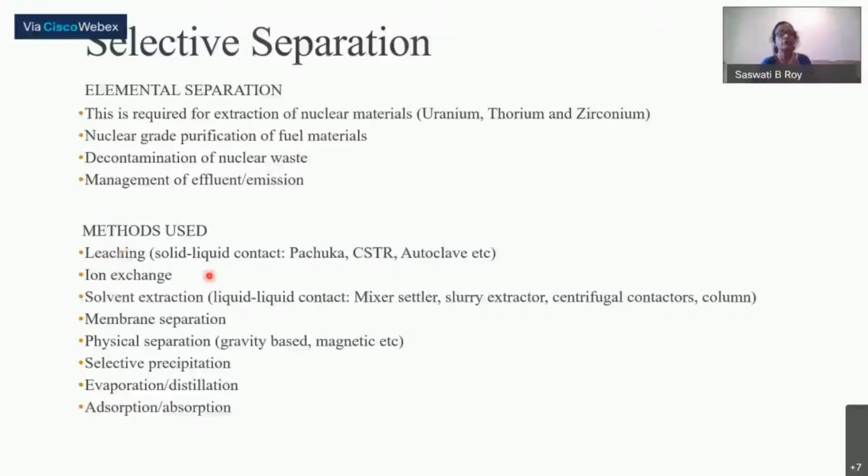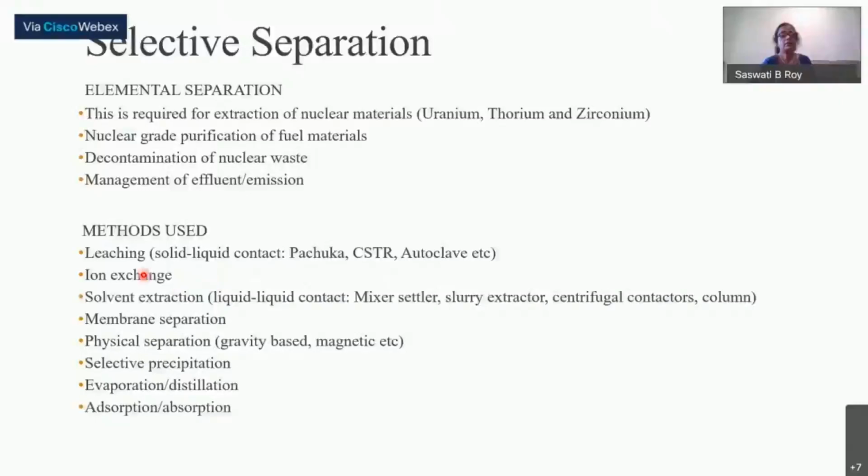You must be aware that from the ore, we do leaching for getting uranium. This is a solid-liquid contact. The ore is solid, and we have to have a leachant of liquid. The equipment used is Pachucas or continuously stirred tank reactors, or if it is not at atmospheric pressure and temperature, then we have to use autoclaves.